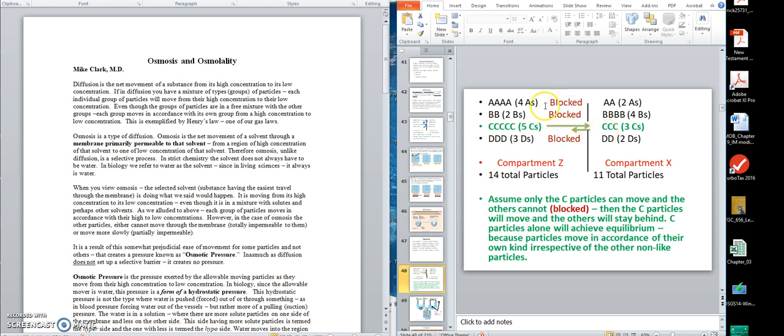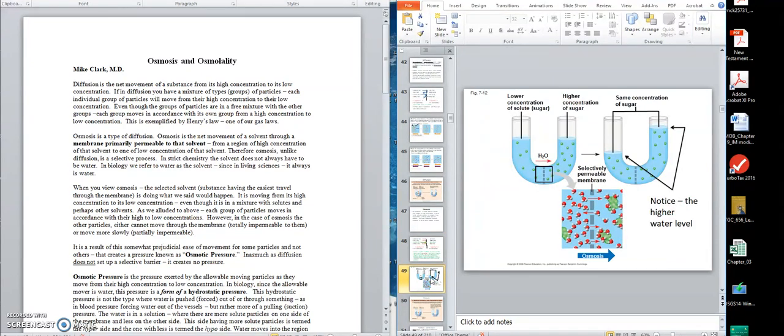They don't really care about these others being blocked. These C's are going to reach their equilibrium, regardless of the others being blocked. All right. Now, let me show you what's going to happen in this particular deal. Here is an example of osmosis.